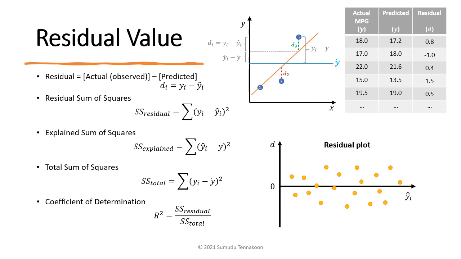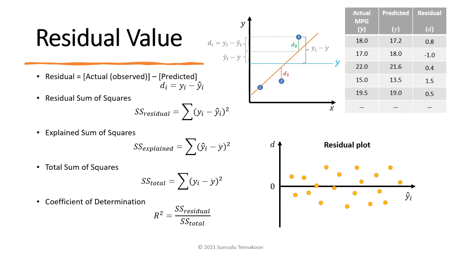Residual sum of squares is another term you can analyze. Then explained sum of squares is another term you can use, which is your predicted value minus the average value. So the second term in the slide, y hat minus y bar, where y bar is the mean or average value. You get that difference, square them, and sum all the values. That will be the explained sum of squares.